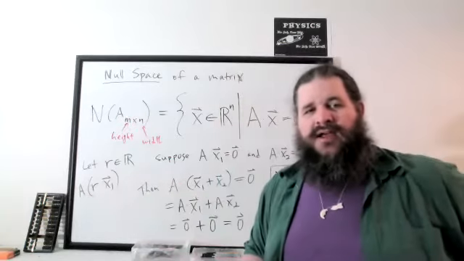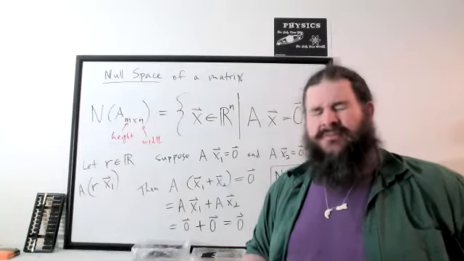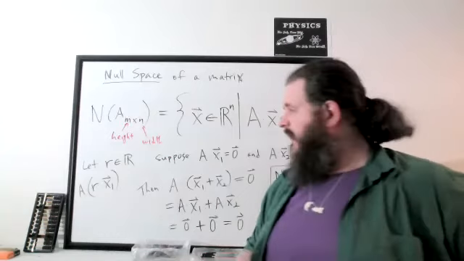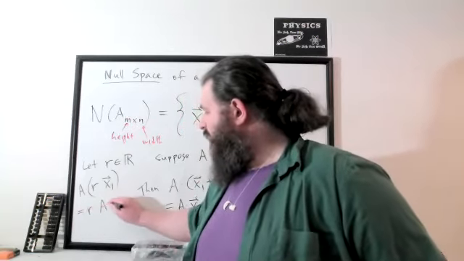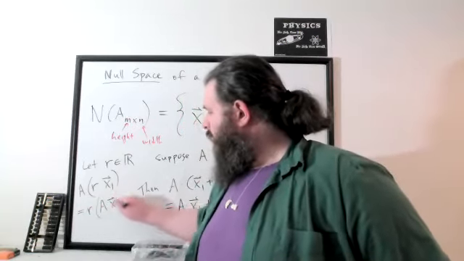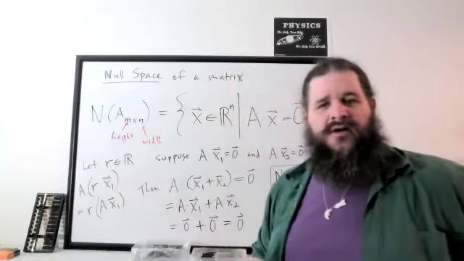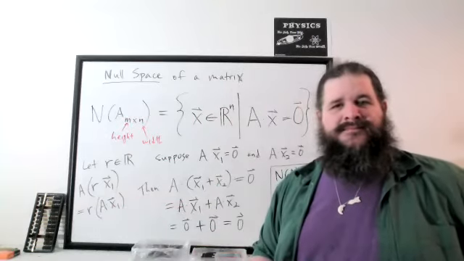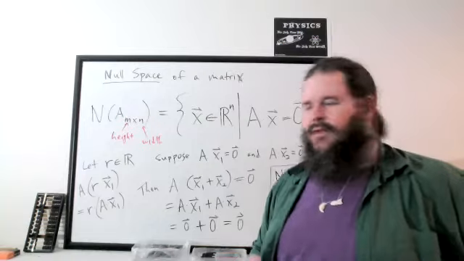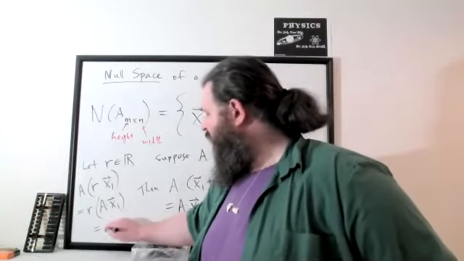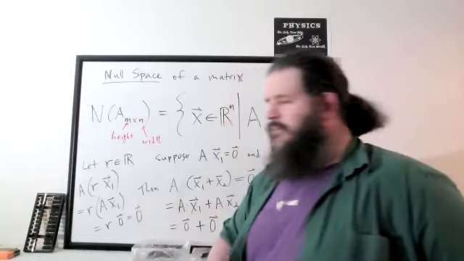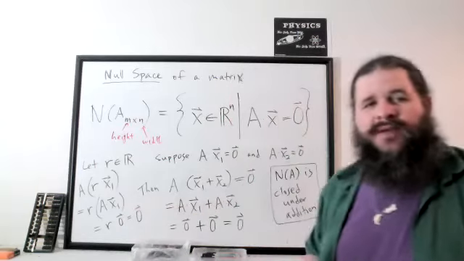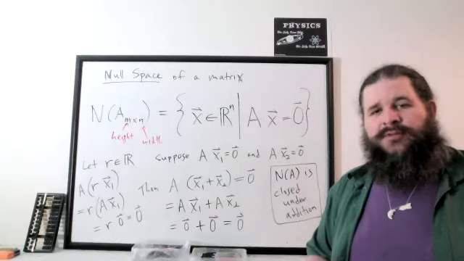Matrix multiplication you can't rearrange, but multiplication by a scalar can be rearranged. So this can be rewritten as the scalar times A times x1. And what were we assuming about A times x1 from the start? That is 0. Right. So we get that real number times the 0 vector, which is still the 0 vector.